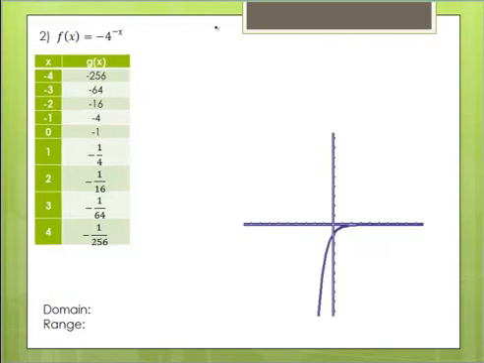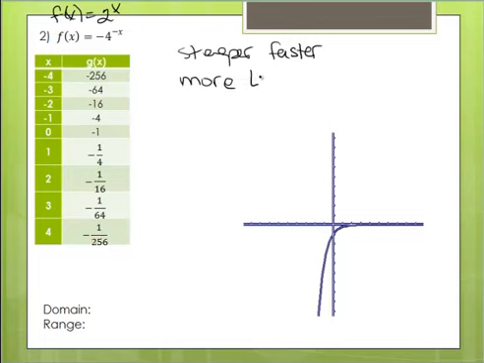Okay, how about this one? We have a bigger base. Bigger base means steeper, faster, and more L-shaped.